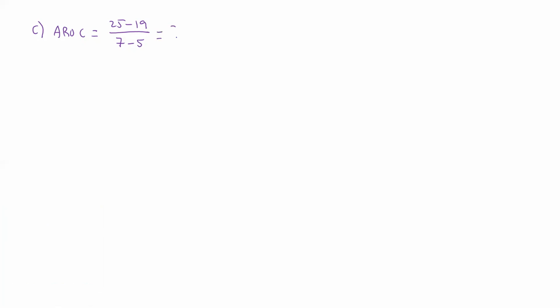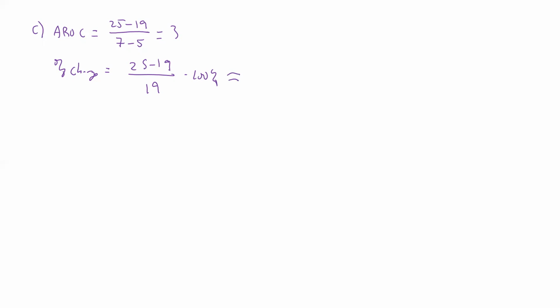See? So now the only thing left is the percent change. That's going to be 25 minus 19 over f of 5, which is 19, times 100%. And this one will be an approximation.